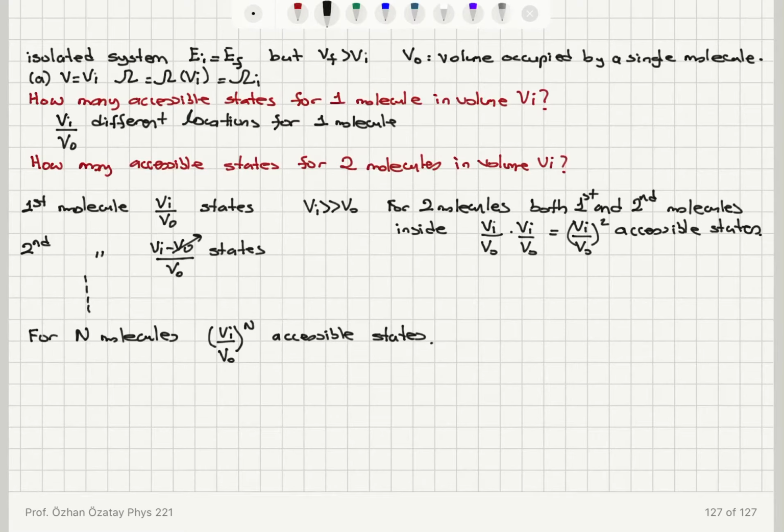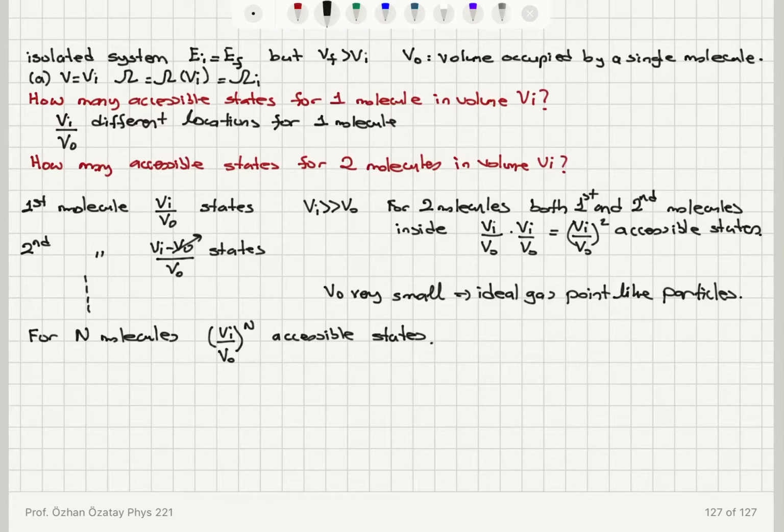So for all of these molecules, since V0 is negligibly small, we take it to be almost zero in the kinetic theory. It's a point-like particle. V0 very small. Why? Because ideal gas particles are point-like, right? So we can always neglect the volume.